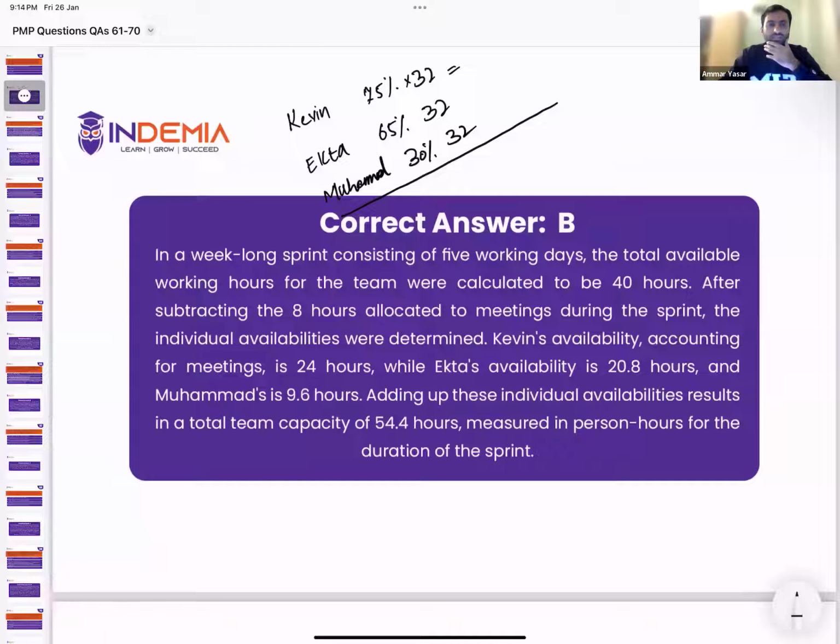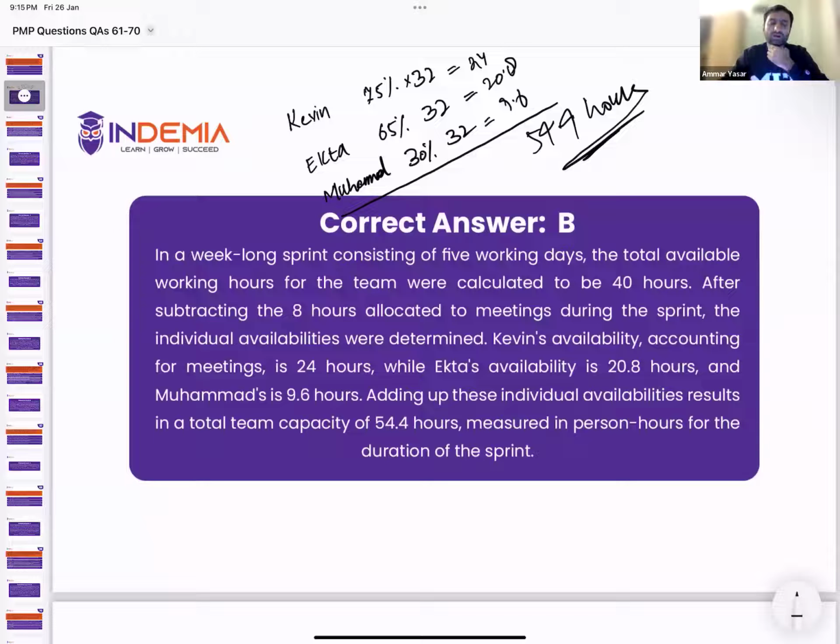Then team availability: Kevin is available 75% of the total capacity, Ekta is available 65% and Muhammad is 30%. If you do 75% of 32, you get 24. So the answer here is 24. If you take 65% of 32, this is 20.8. And 30% of 32 is 9.6. So the total answer is 50.4 hours.